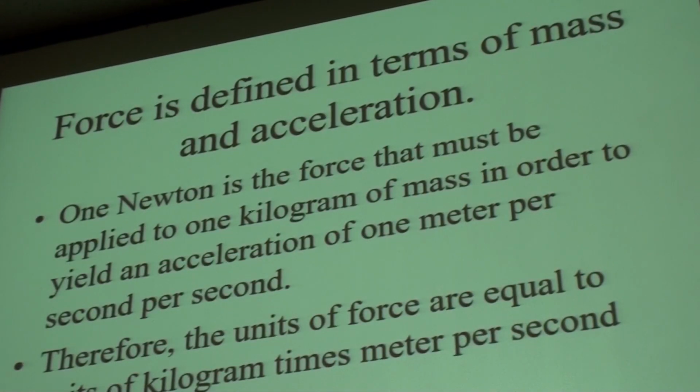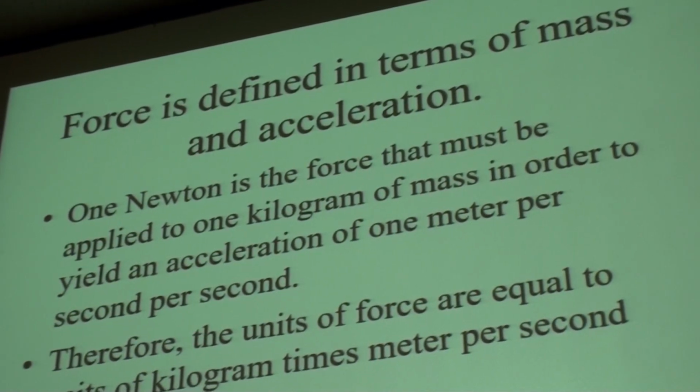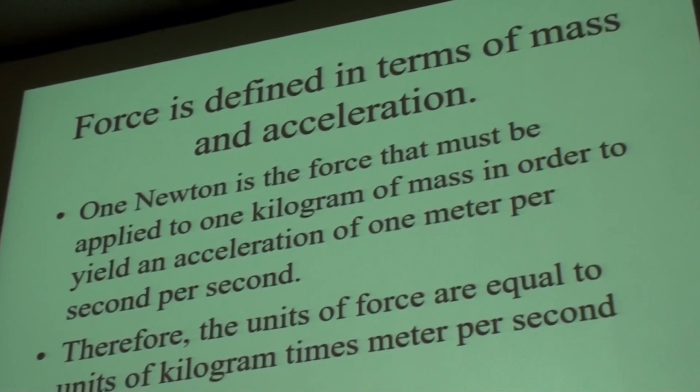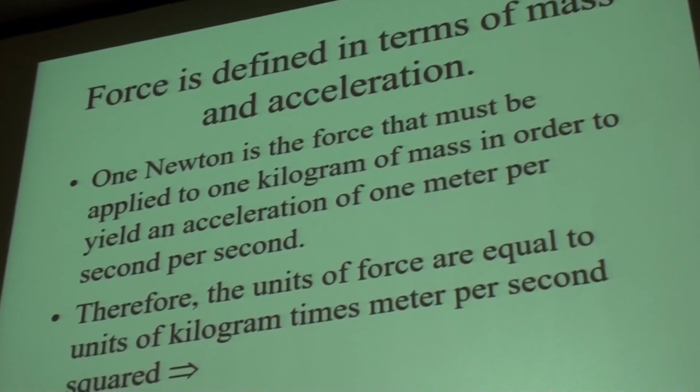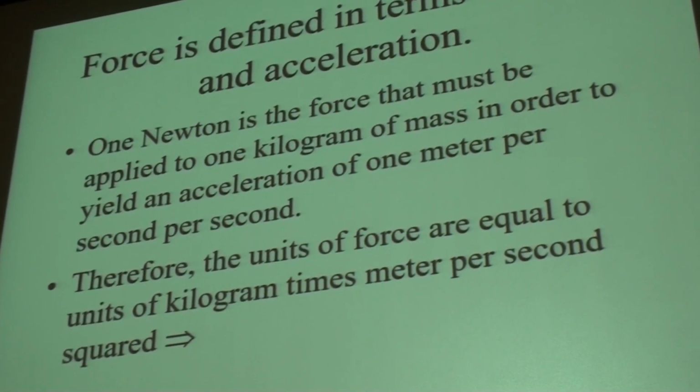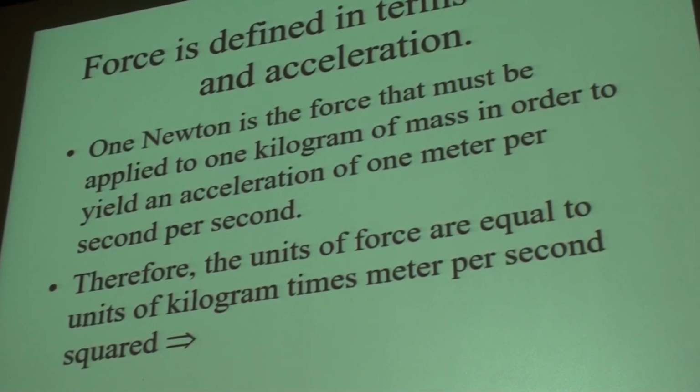Okay. And as we mentioned before, a Newton is the force that must be exerted to accelerate 1 kilogram of mass with an acceleration of 1 meter per second squared.